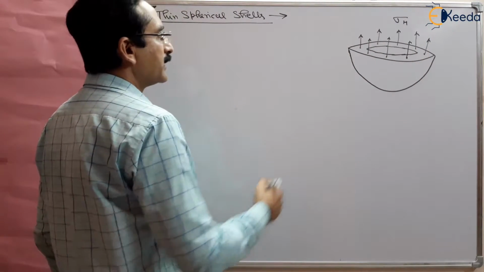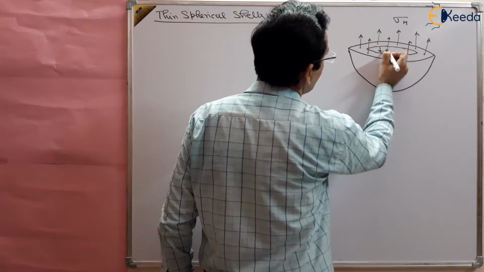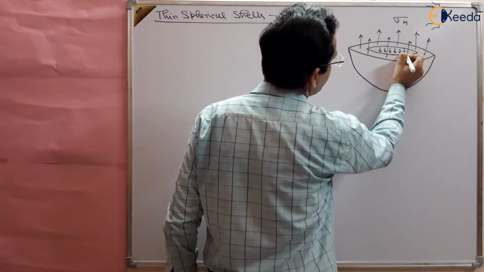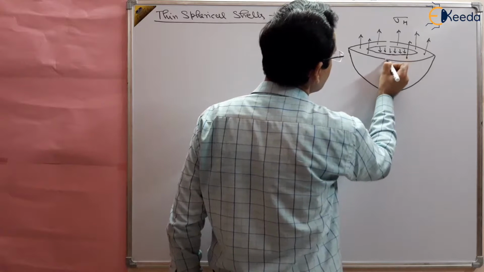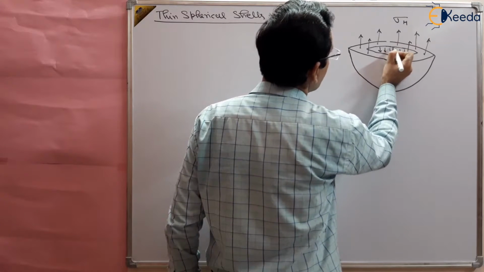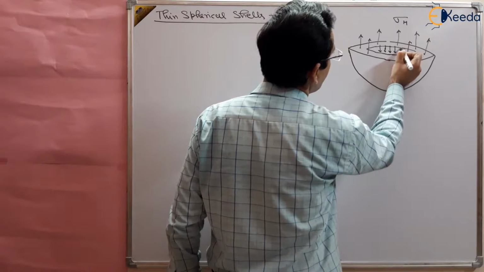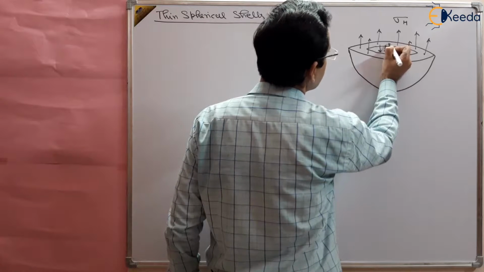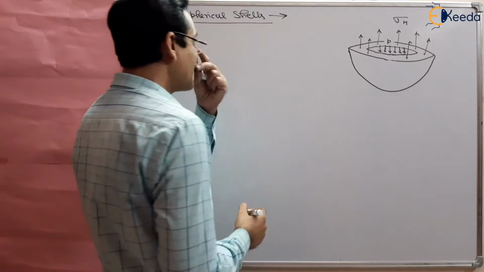These hoop stresses are developed due to the pressure applied on this area, that is the internal diameter. The pressure is, suppose, P. P is the internal pressure applied by some fluid.